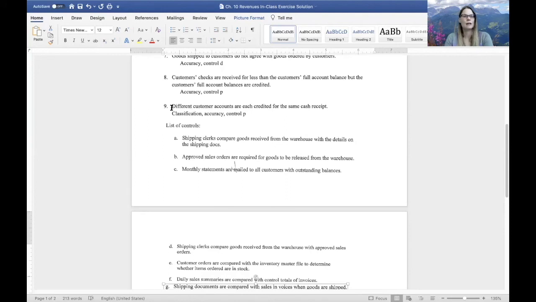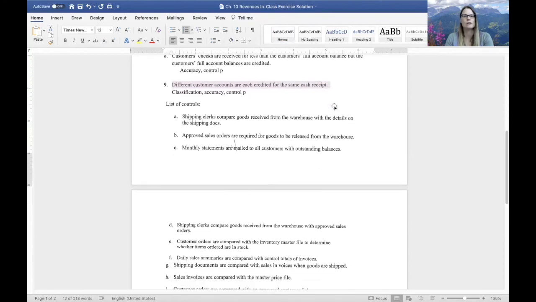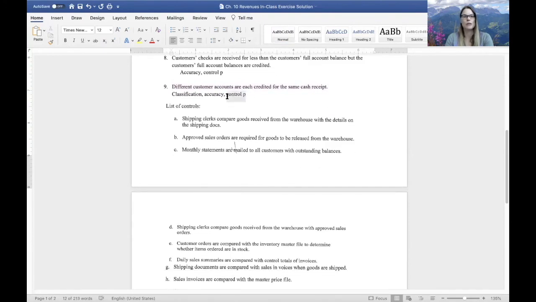Risk 9 is different customer accounts are each credited for the same cash receipt. So once again, Control P, which is comparing the totals that are hitting the AR subledger to the totals on the bank deposit slip, will help you out here. Because I have an independent total on the bank deposit slip that is only going to count that cash receipt once.